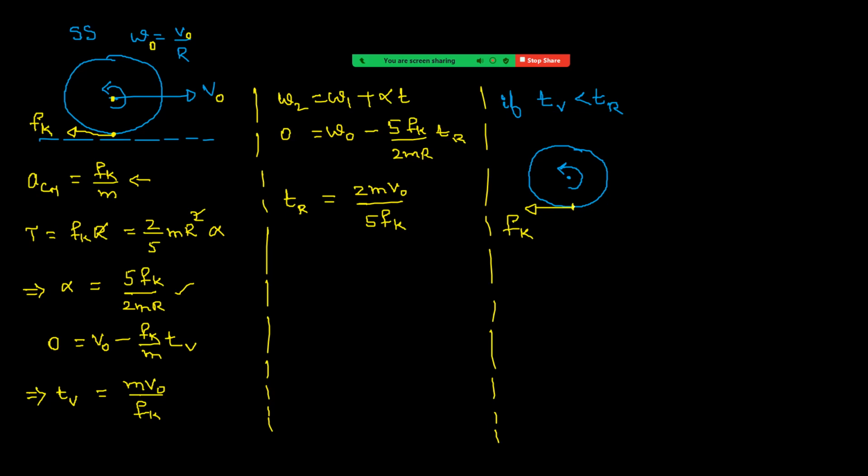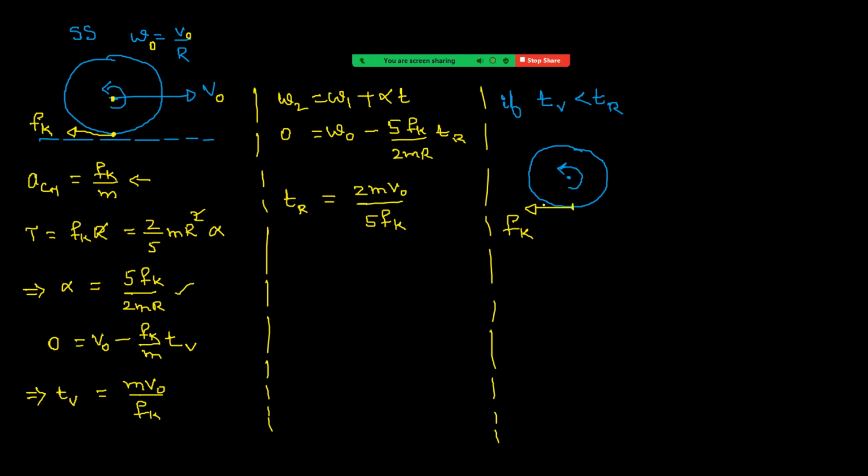And the contact point velocity is right side because of rotation. Friction always opposes relative motion, so friction is now left side. Because of this friction, speed starts increasing and the direction of velocity will be left side. I hope you are getting this point.